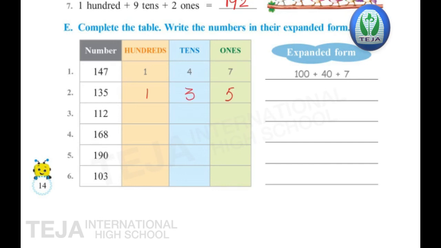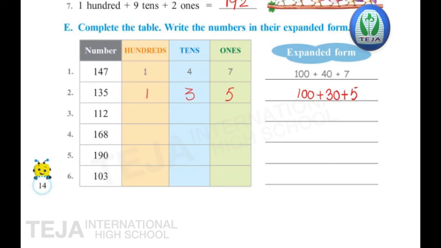In hundreds place 1 is there, so the value is 100. Plus in tens place 3 is there, so the value is 30, and in ones place 5 is there, so the value will remain same as 5. The expanded form of 135 is 100 plus 30 plus 5.